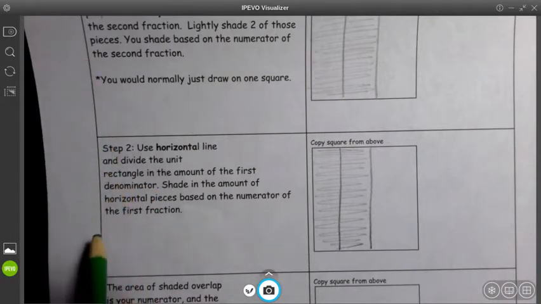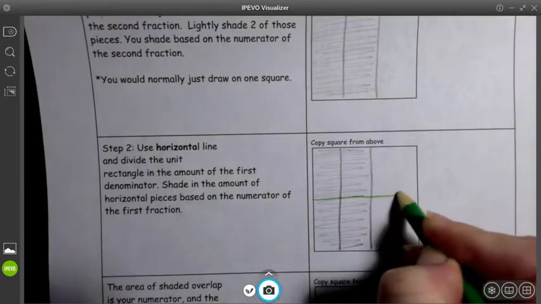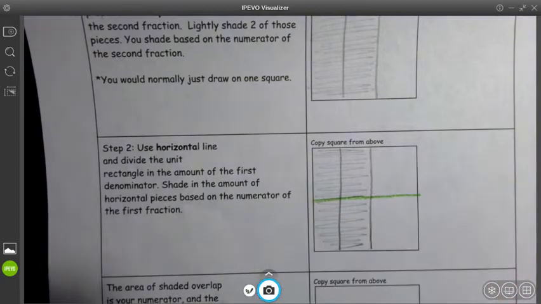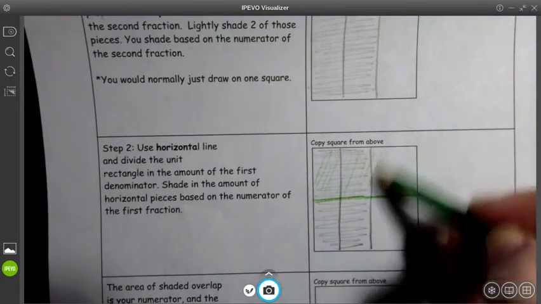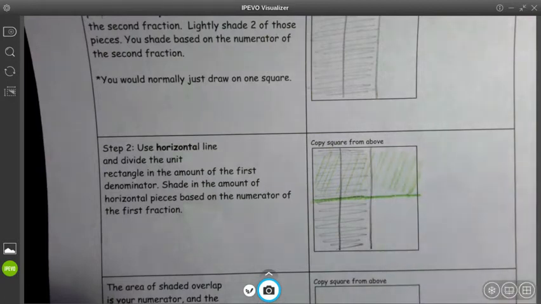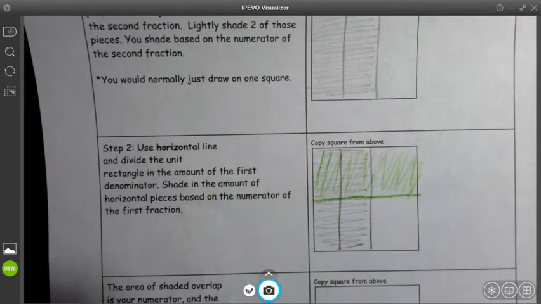So our first denominator is the 2 in 1/2. So we're going to break it into 2 pieces horizontally. We have 1/2, so we shade here. I just shaded half going in that direction with my green.